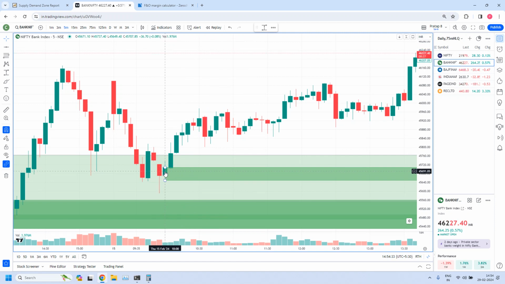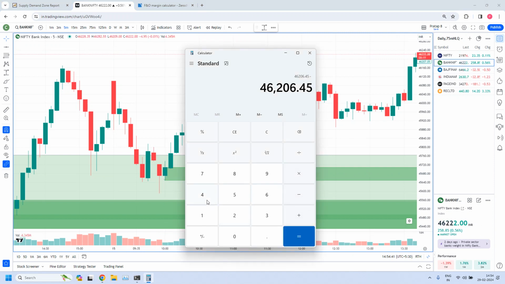So the close of this candle is the entry. The close is 45,707.85. Let me verify once again. The close of this candle is our entry, 45,707.85.